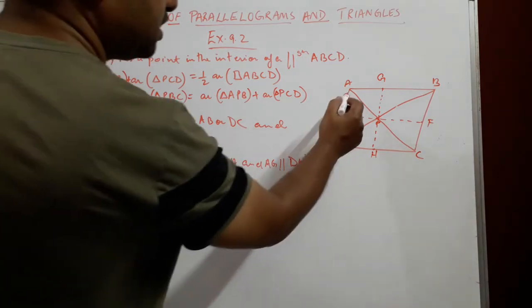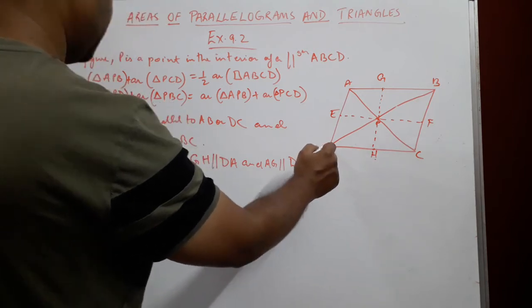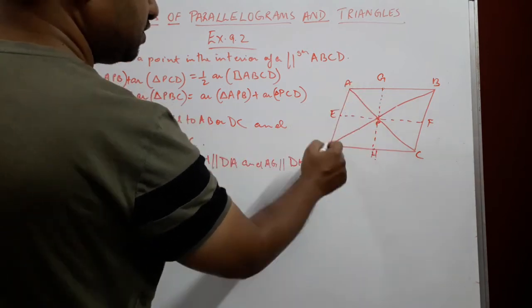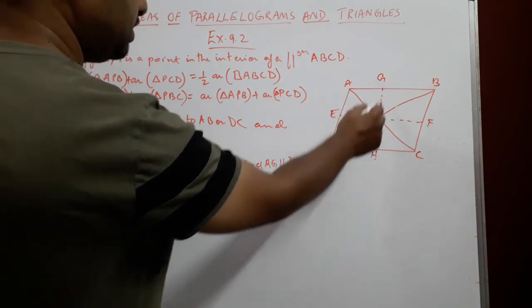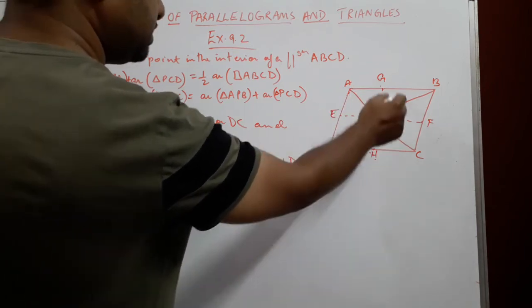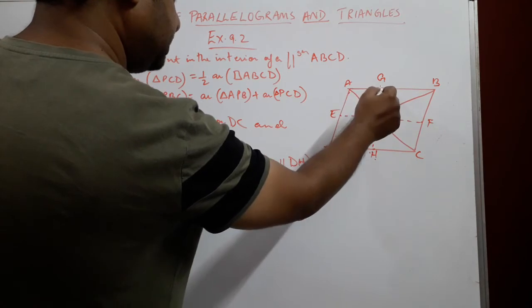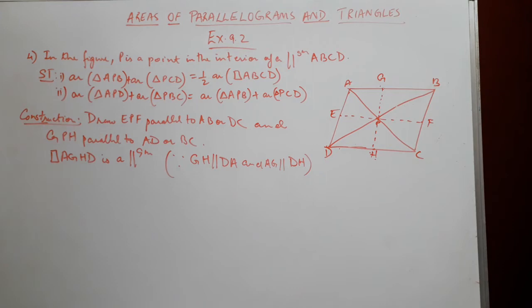We are now only referring to AGHD. We are saying that this closed four-sided figure is a parallelogram. Why? Because GH is parallel to DA, and AG is parallel to DH. Opposite sides are parallel, and because opposite sides are parallel, we can say that the four-sided closed figure is a parallelogram. Similarly, we can say the same thing for others as well.